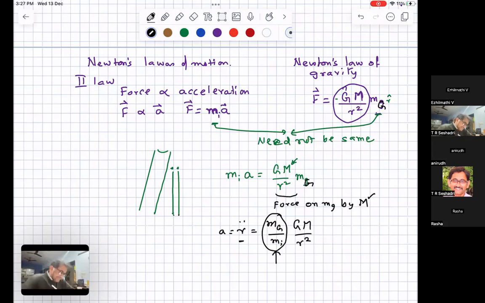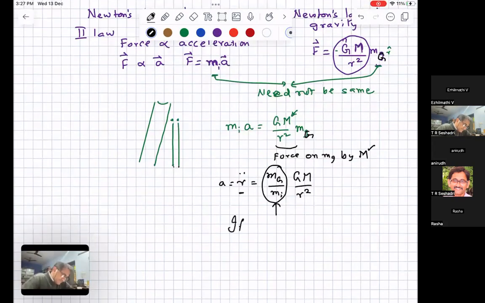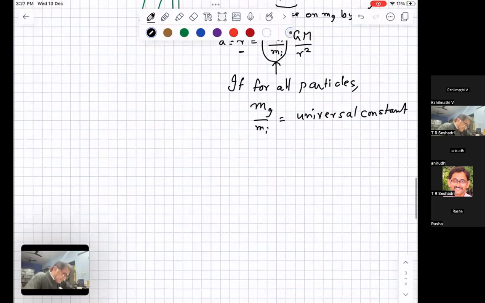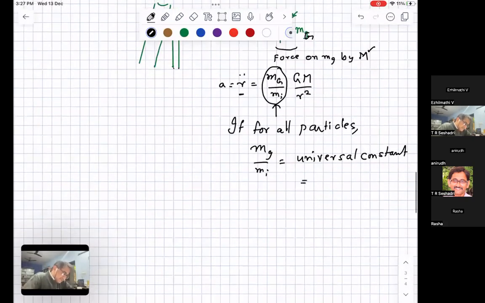What it means is, if for all particles mg by mi is equal to a universal constant, say some alpha, then R double dot will be equal to alpha M by R square.